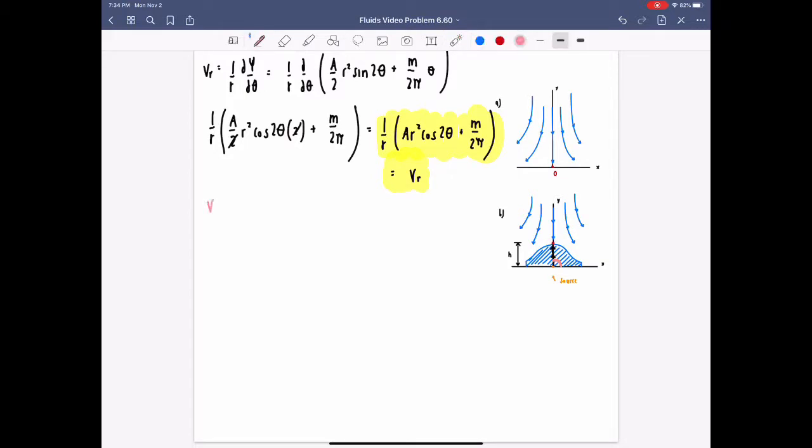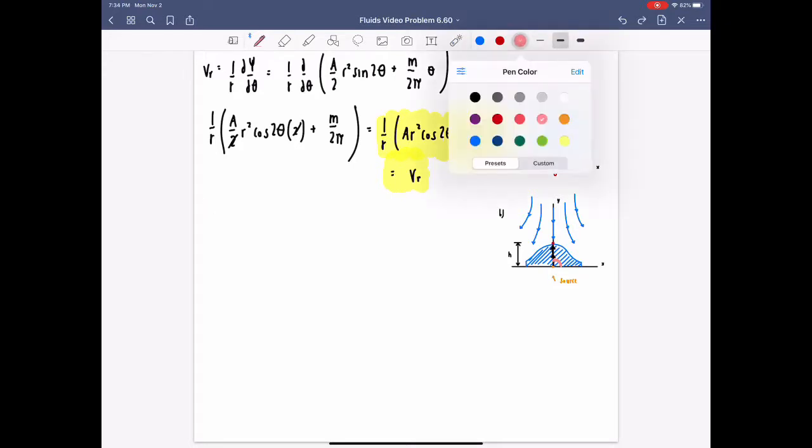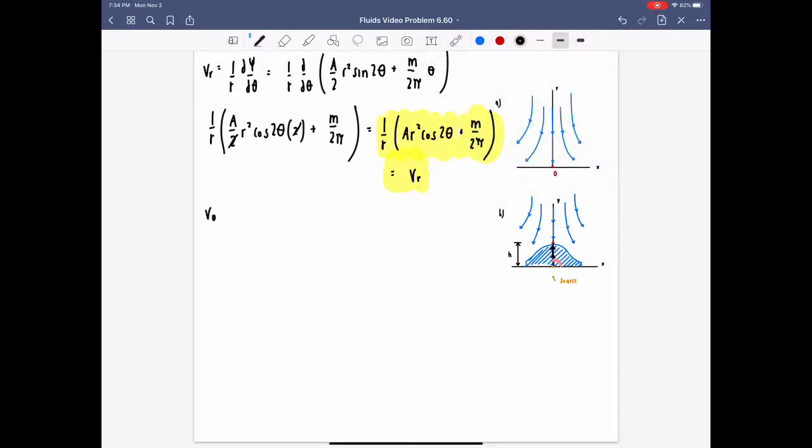So to find the velocity in the angular direction, it's simply negative delta phi, the derivative of phi with respect to r, which is equal to negative delta with respect to r times the equation a over 2 r squared times the sine of 2 theta plus m over 2 pi theta.